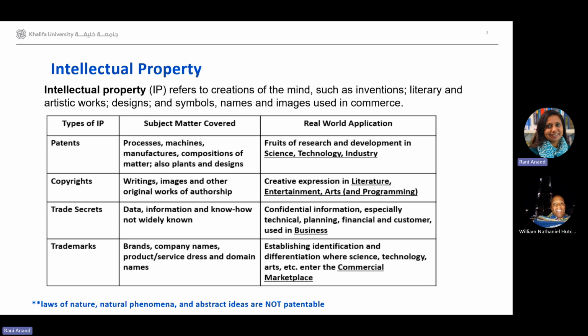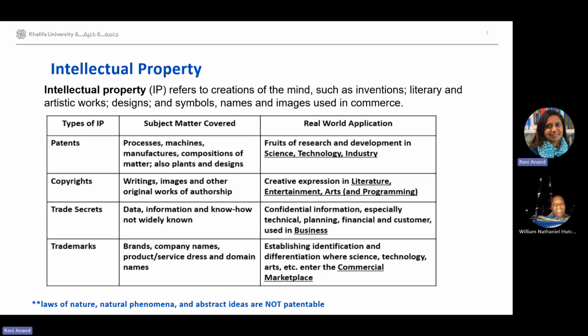Then there is a rarer kind of intellectual property, trade secrets. Trade secrets are data, information, and know-how not widely known. It's a kind of secrecy which is not revealed by the originator.